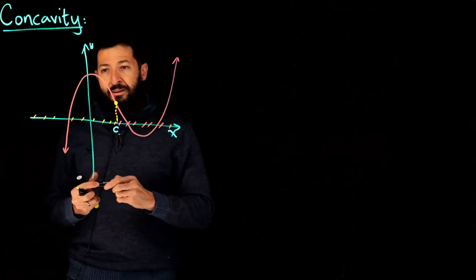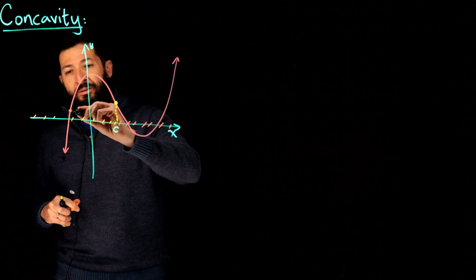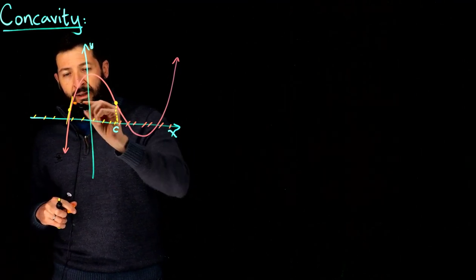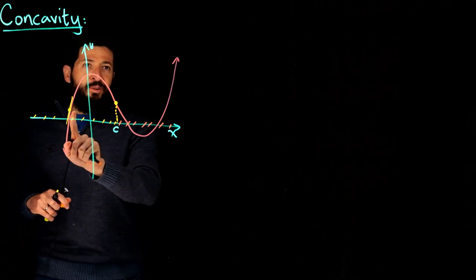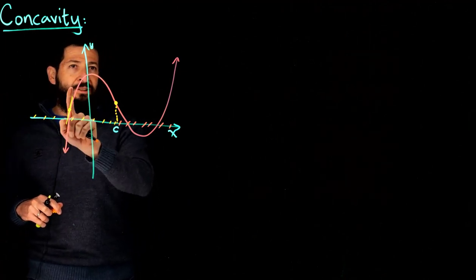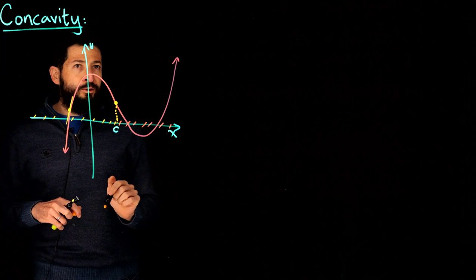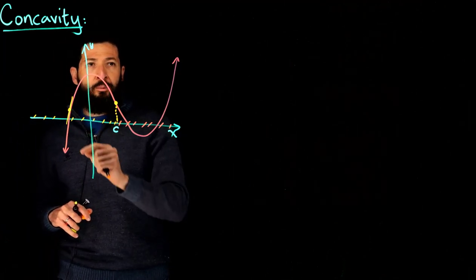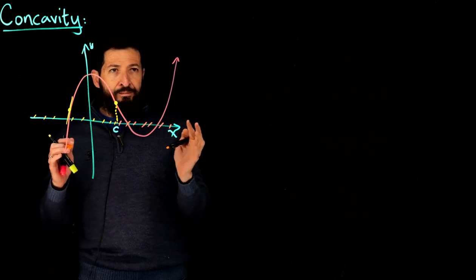So let's take a look at what happens to the second derivative here. And to do that, what I'm going to be looking at is what happens to the derivative first. So in this case, the function is increasing, so I have a tangent right here, and it seems to be pretty steep, so the first derivative will be positive, and somewhat large.